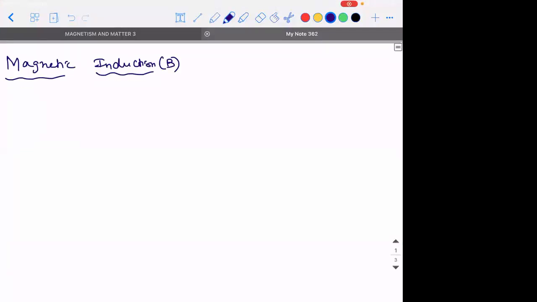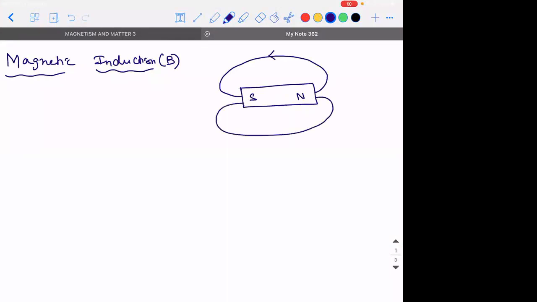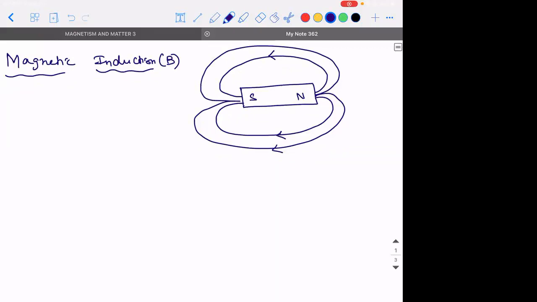Suppose I have an external magnet which has a north pole and a south pole. So this external magnet will have a region of magnetic field around it. Right? It will have a region of magnetic field around it.